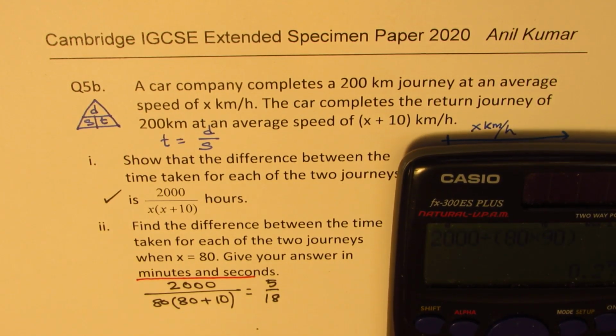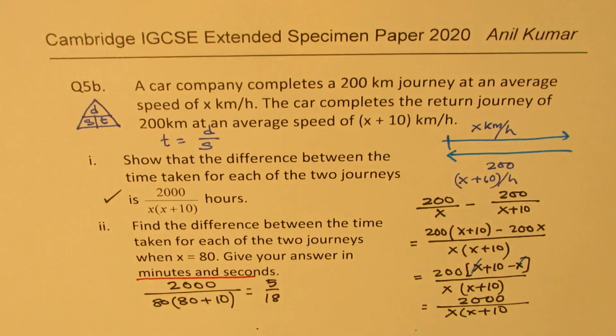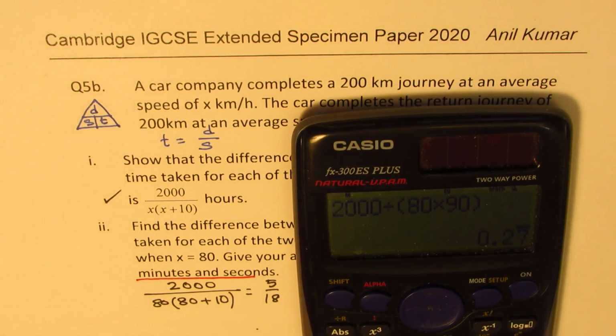Let's first convert to decimals. So we get 0.27.